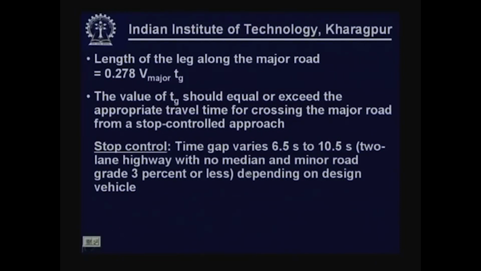Say, for example, for car, if we find Tg is less than 6.5, then while calculating the length of leg along major road, we shall assume Tg as 6.5. Similarly, a different value should be assumed for other design vehicles.